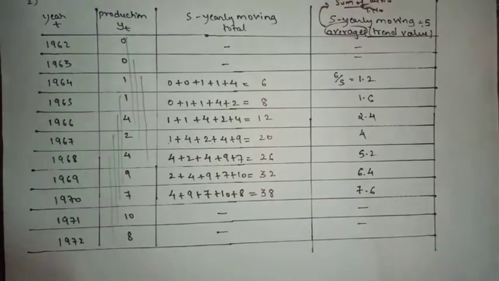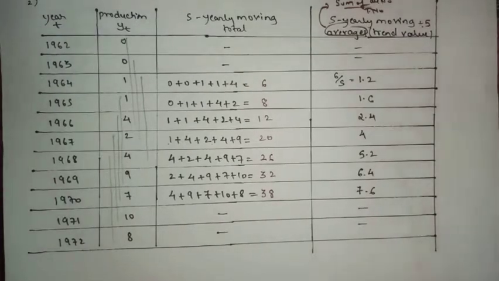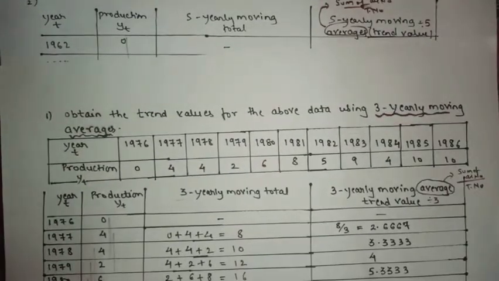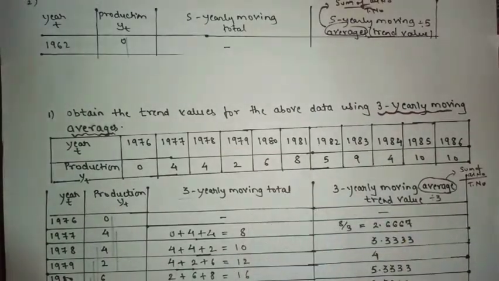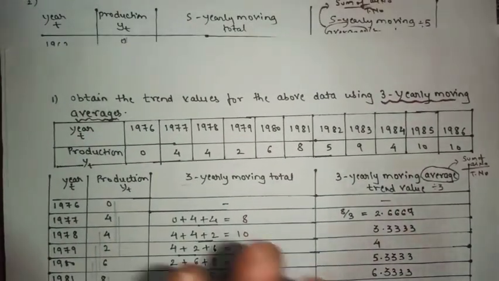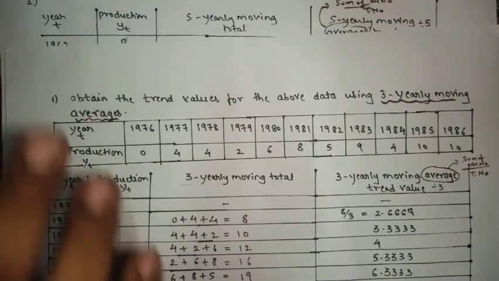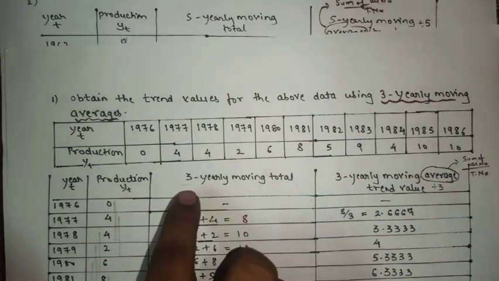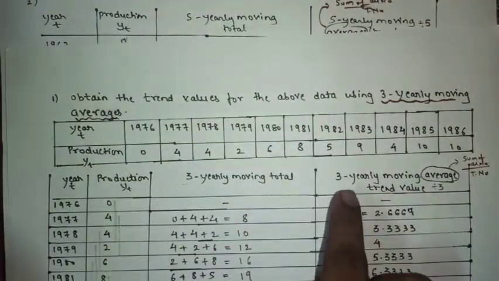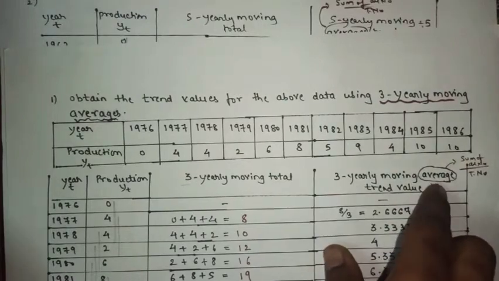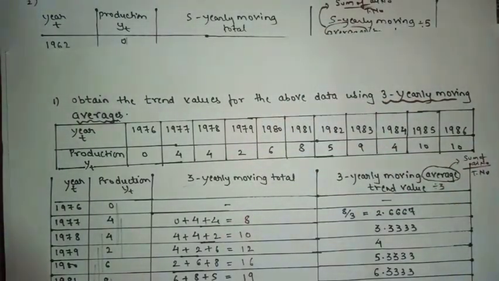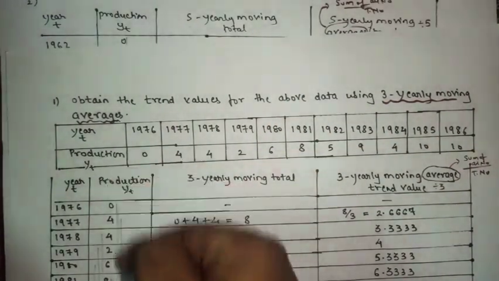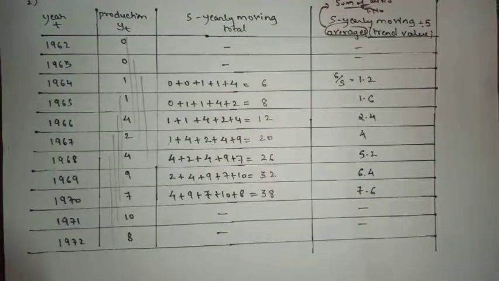So this is the method to find the 5 yearly moving average. Can I say that the tricks and techniques remain the same for 3 and 5? Simply change this 3 year by 5, and this 3 year moving average by 5 year moving average. For 3 year you add 3 numbers and for 5 you add 5 numbers.